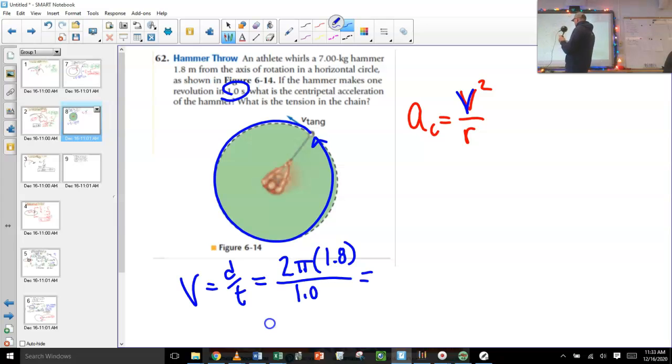So, the velocity here is, boy, I don't know. Let me do that real quick.